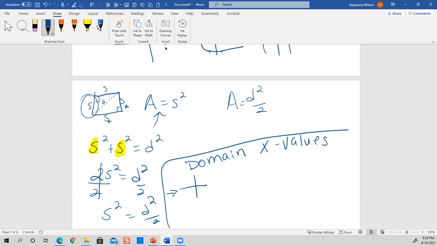So in this one here, we can call it negative infinity to positive infinity. However, if I had it plotted at some point, that may change, but we always read left to right when we read our domain. The range is our Y values, and we always read from bottom to top. And again, it's negative infinity to positive infinity.